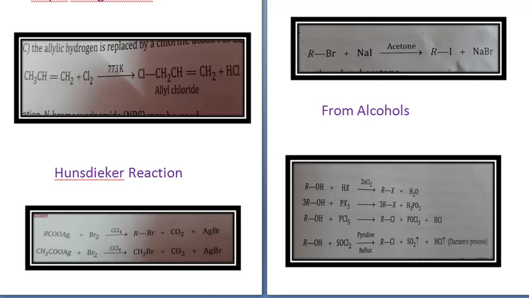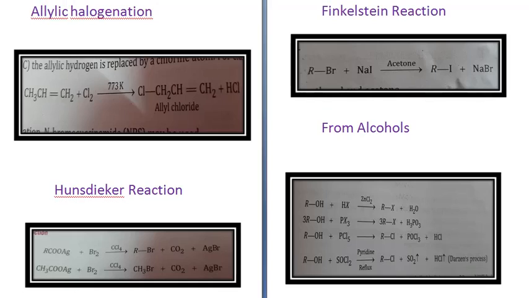Next method of preparation is called Finkelstein reaction. Now in Finkelstein reaction, this is also called as halide exchange reaction. So here alkyl iodides are prepared by using this method, in which chloro or bromoalkane is heated in acetone or methanol, and in that case the bromide is substituted with iodide.